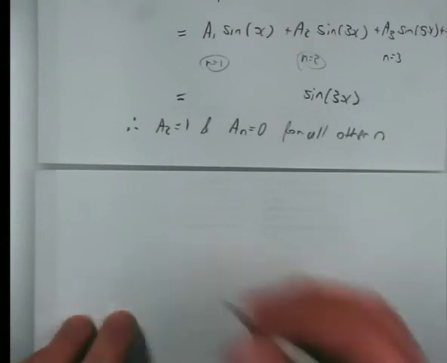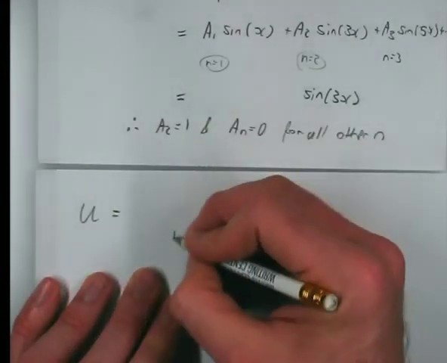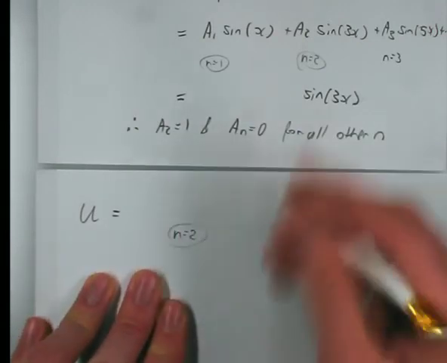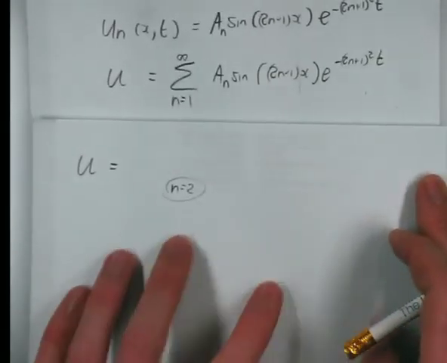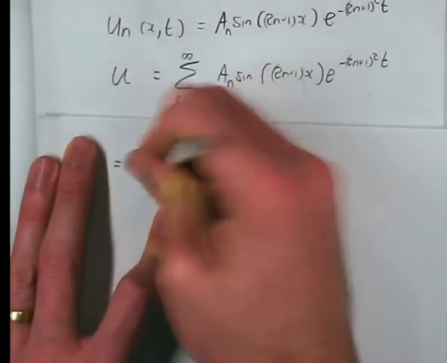So let's think about this. u is in fact only equal to the one where n is equal to 2, because for all the other ones, the a is 0. So when n is 2, we don't have a sum anymore because we've only got n equals 2.